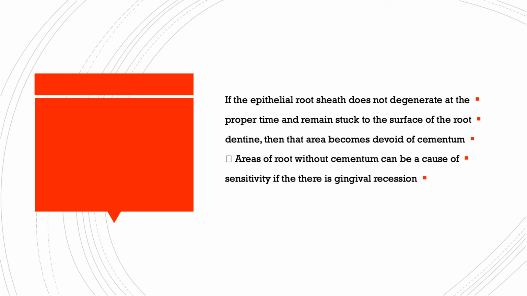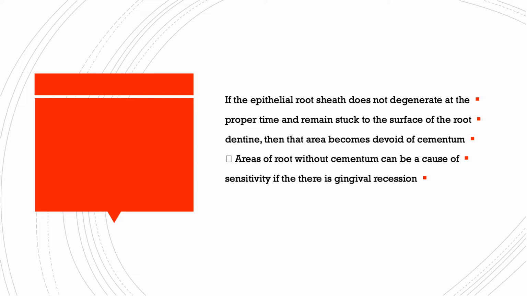If the epithelial root sheath does not degenerate at the proper time and remains stuck to the surface of the root dentin, then the area becomes devoid of cementum. There is no cementum in that area, and the area of root without cementum causes sensitivity if there is gingival recession.